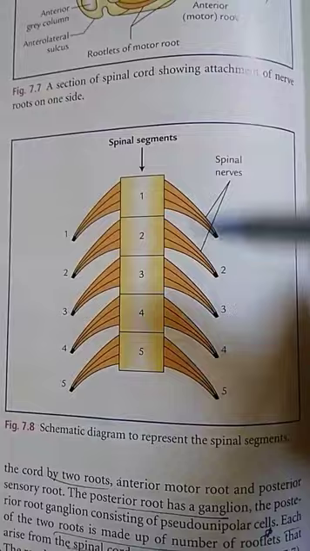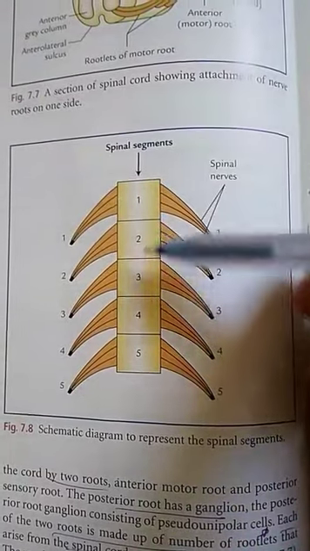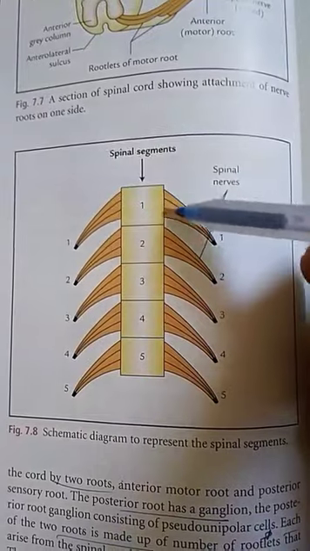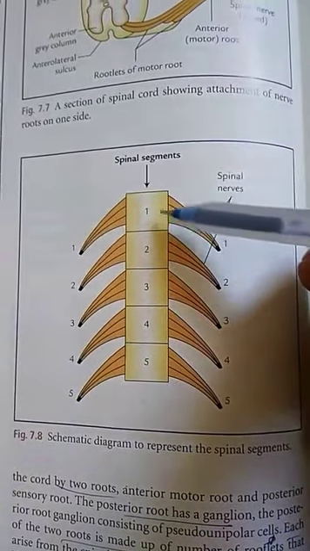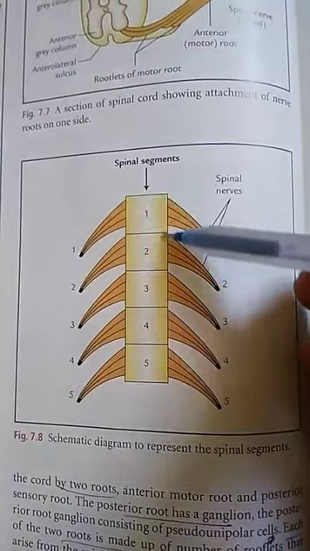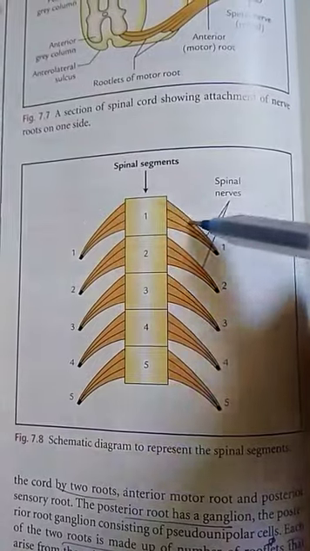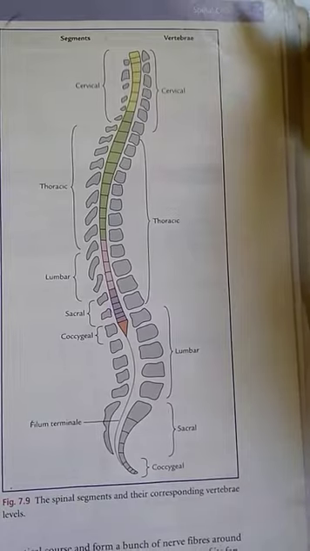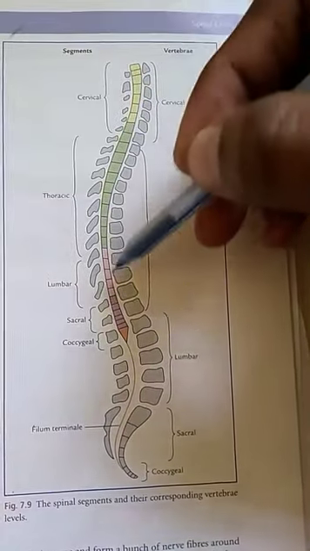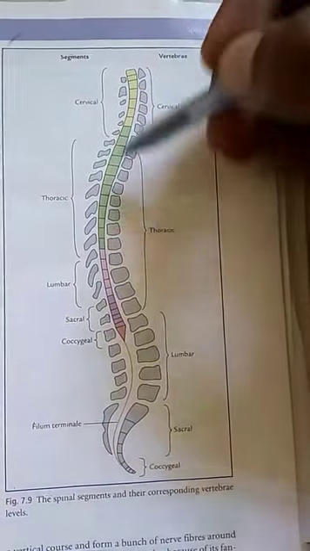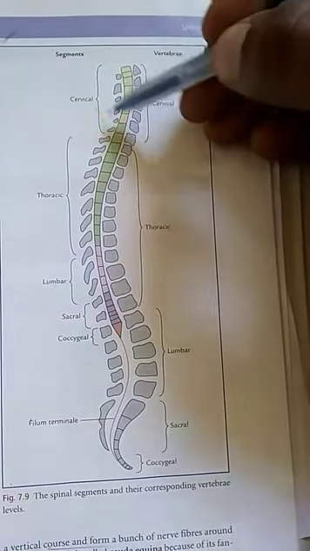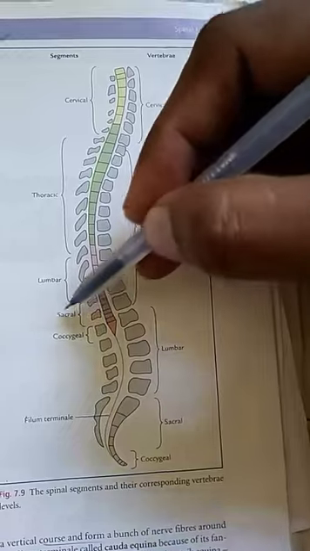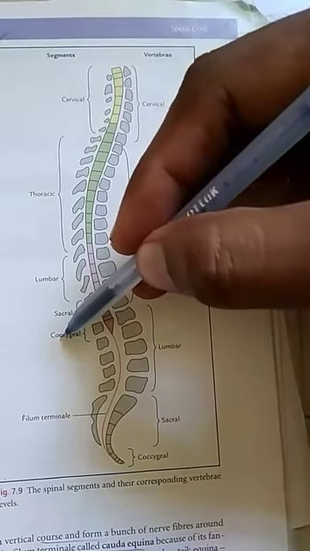Like the vertebral column, the spinal cord is also segmented. So, a spinal segment is an area of the spinal cord to which one pair of spinal nerves is attached. There are a total of 31 spinal segments, of which 8 are cervical, 12 thoracic, 5 lumbar, 5 sacral and 1 coccygeal.